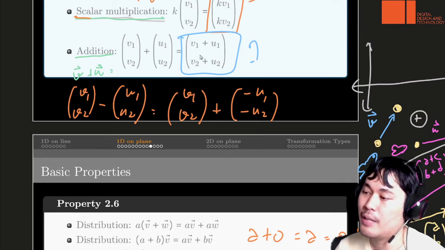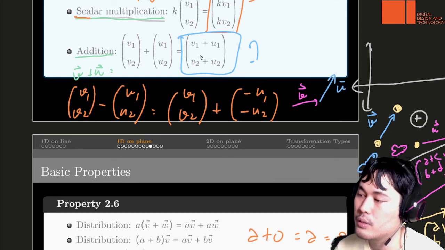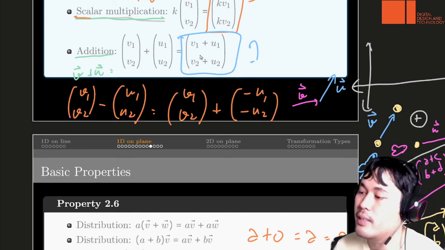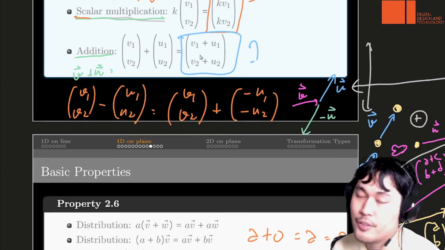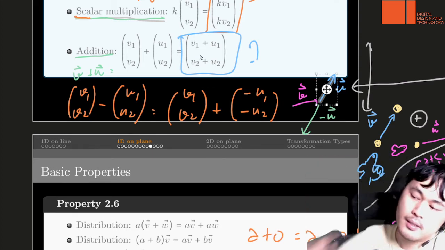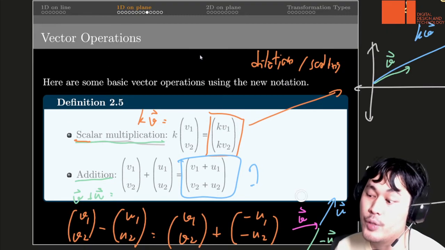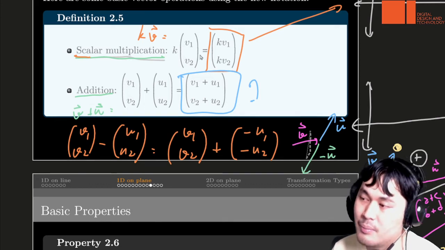So for instance, if you have the vector v, and you have the vector u, to perform v minus u, it is more intuitive to think of minus u as this green vector first. Now you start from u, the blue one, and you flip it to the other direction, which is minus u. And now we can add v and minus u together, and adding is more intuitive.